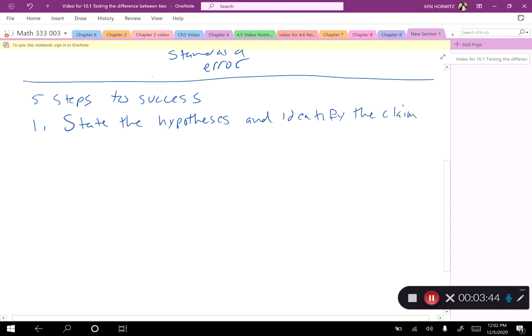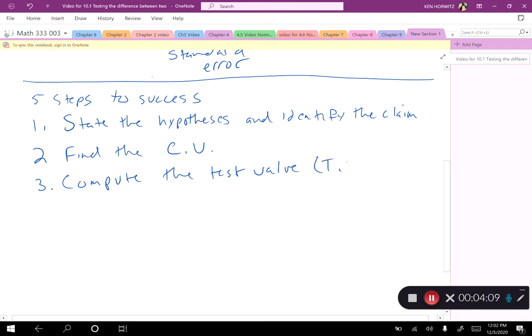All right, we're going to find our critical values. I'm going to use CV for critical values. All right. Then we're going to compute the test value. I'll also use an abbreviation, TV, for test value.